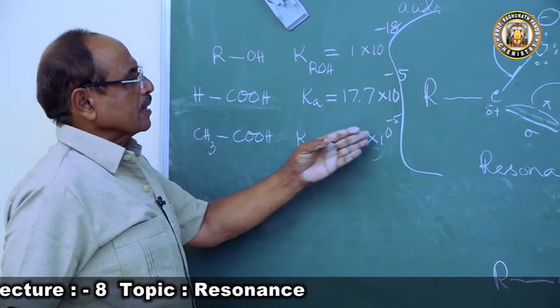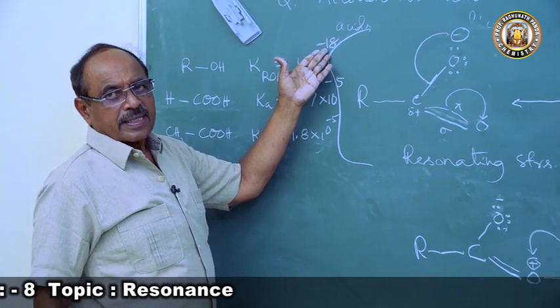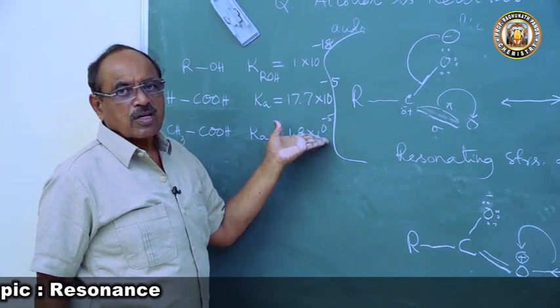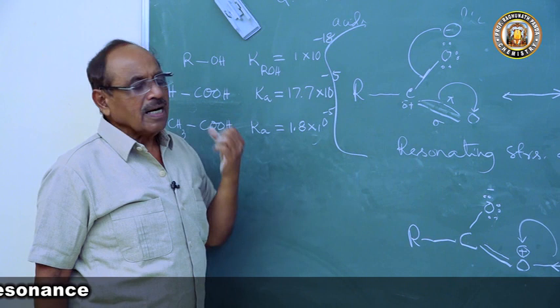So now you can consider the gulf of difference in the value of the dissociation constant. The carboxylic acids are acidic.